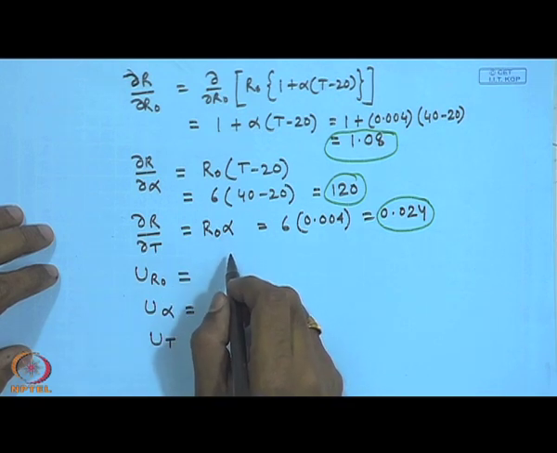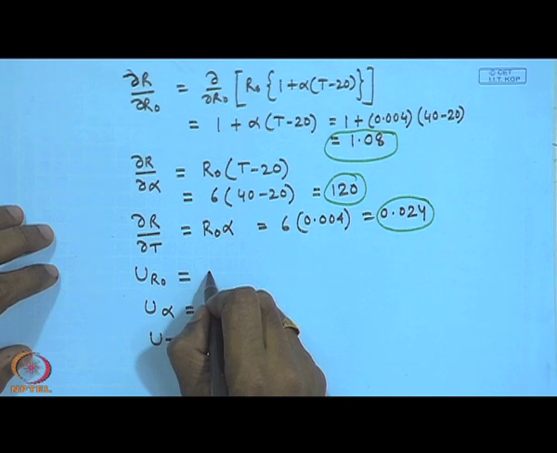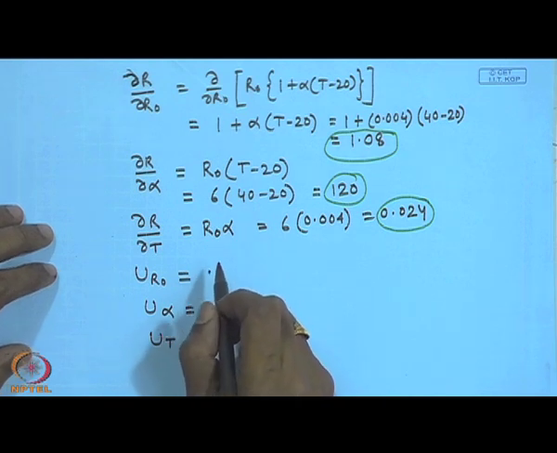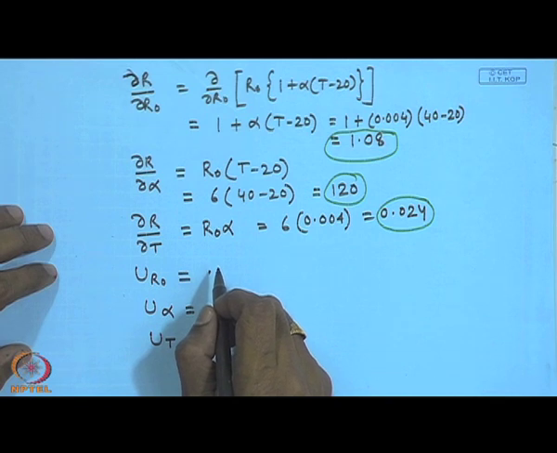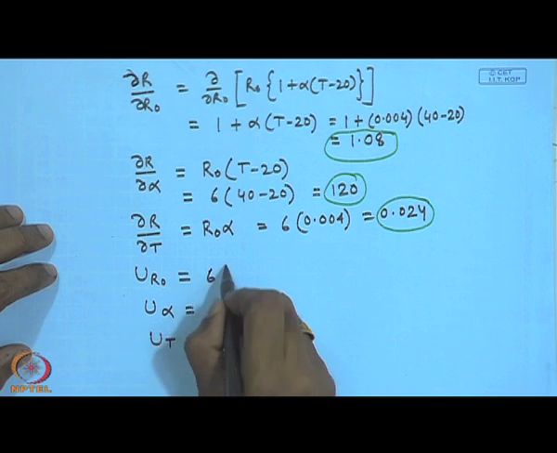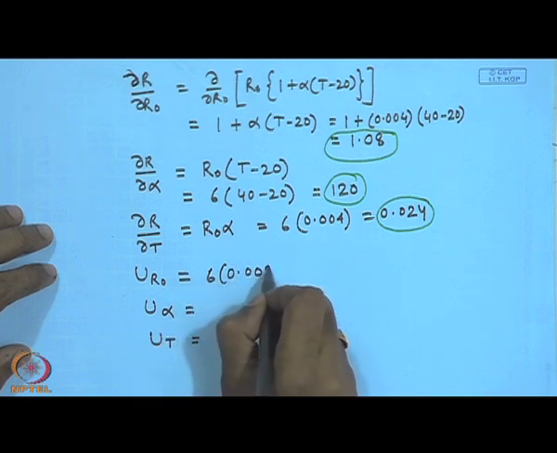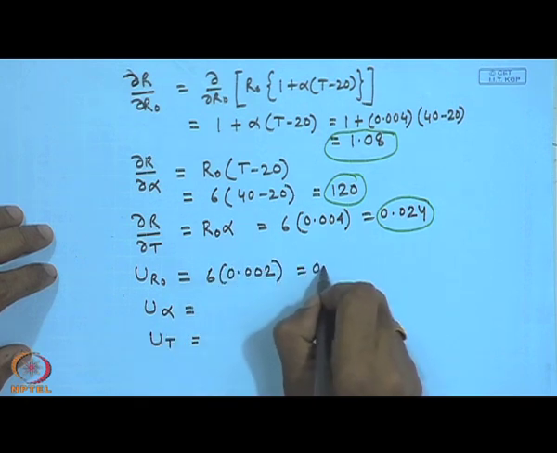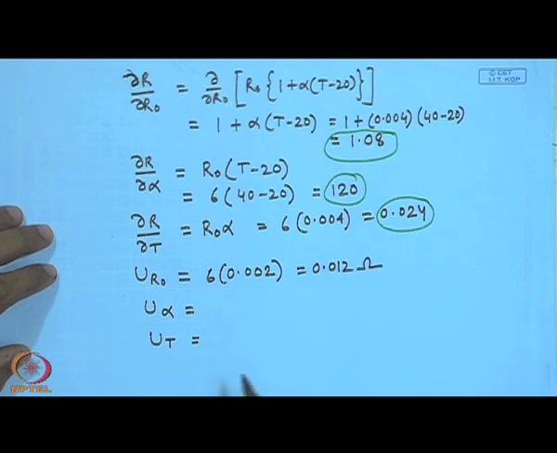For u R0, we considered 0.2%. R0 is given as 6 ohm plus minus 0.2%. So, 0.2% of 6 ohm. So, 6 into 0.002, which is 0.012 ohm.